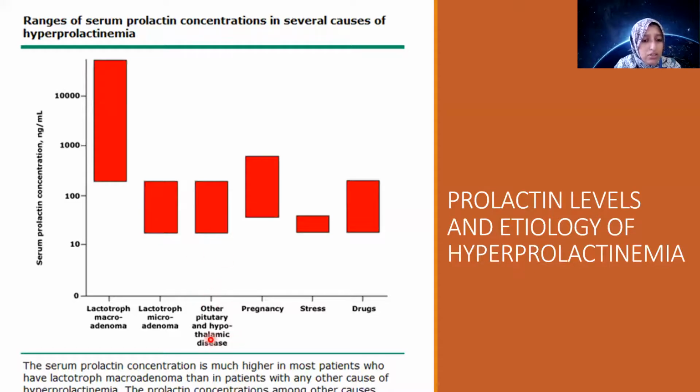Then there are other causes of hyperprolactinemia, like pituitary tumor or stalk effect. They are also mostly less than 200. However, in pregnancy, the levels can go up to nearly thousands, because pregnancy is a condition of high estrogen level. During stress, the levels are less than 100, mostly around 50 to 80 or so, and not high.